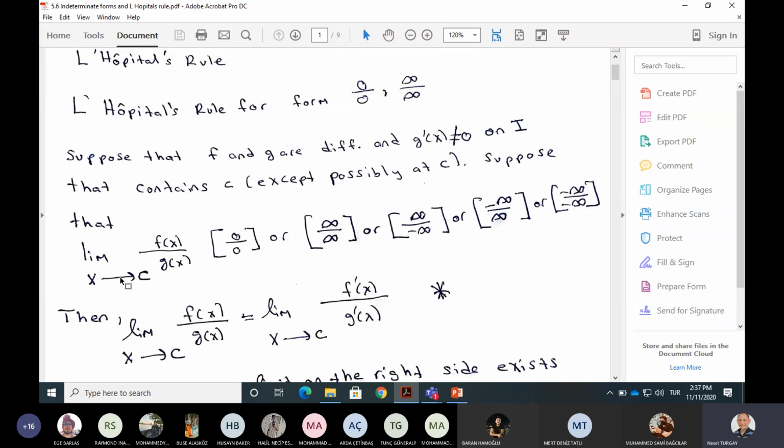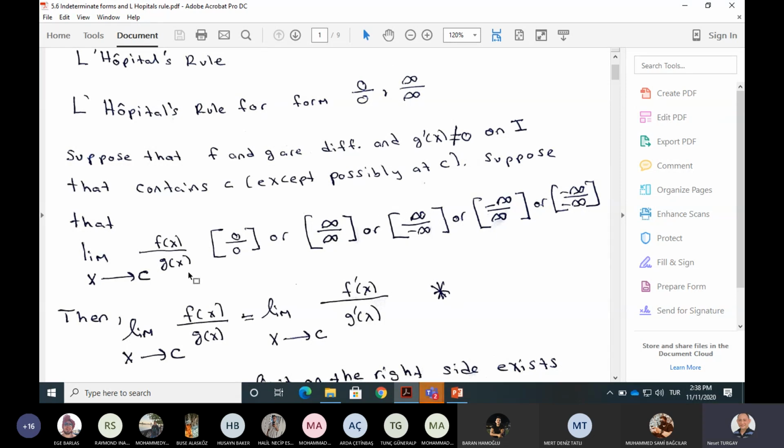When you substitute, you change x with C and you get 0 over 0, or infinity over infinity, or infinity over minus infinity, or minus infinity over infinity, or minus infinity over minus infinity. Infinity over infinity is the general word for these 4 different categories. So when I say this, one of them is happening.